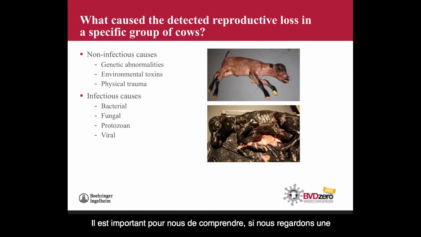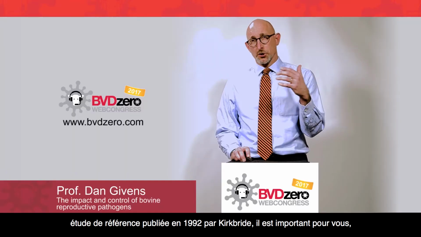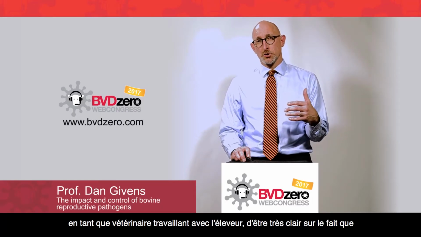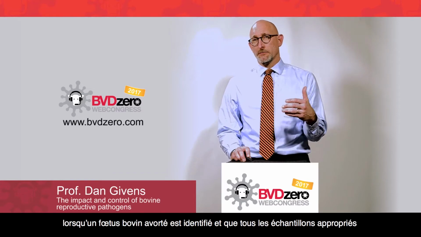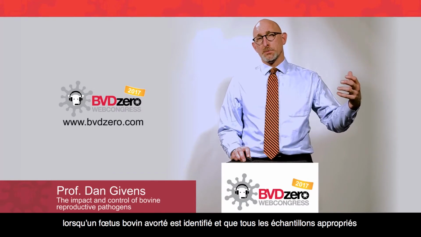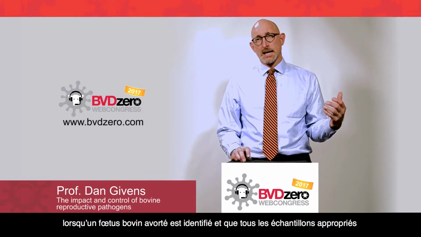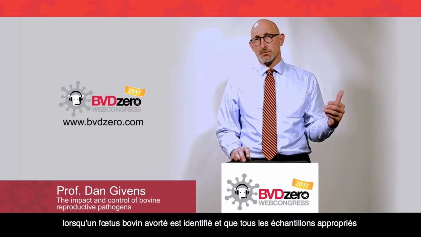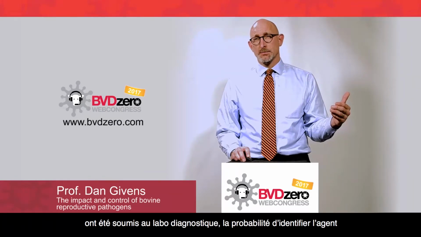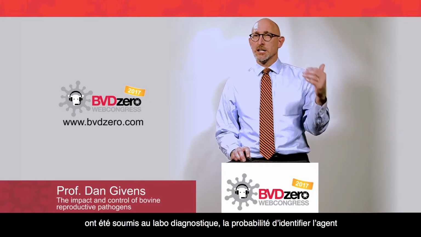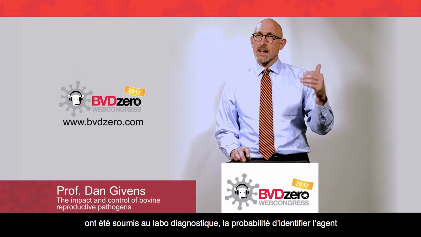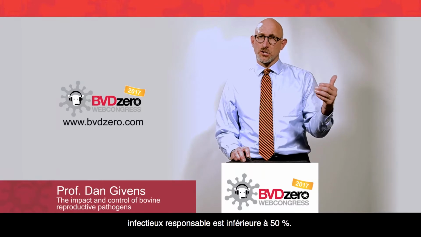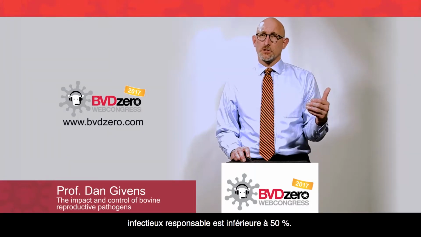If we look at a hallmark study published by Kirkbride in 1992, it's important for you as a veterinarian working with a producer to be very straightforward that when an aborted bovine fetus is identified and all appropriate samples are submitted to the diagnostic lab, the chance of identifying the causative agent as an infectious agent is less than 50%.